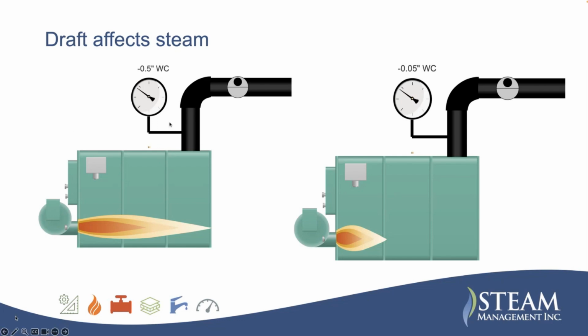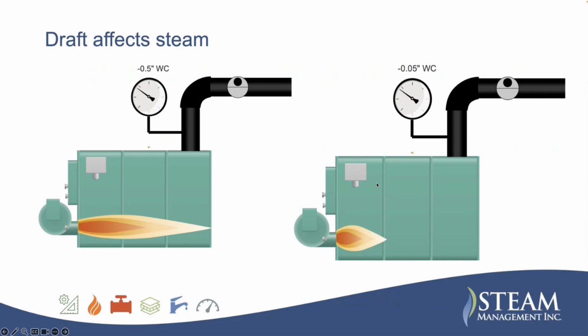So what was happening at 0.5 was it was pulling the flames into the boiler and actually going up into the stack. What we found out was the barometric damper was too small. They had a 20-inch flue pipe on here, and they were running an 8-inch barometric damper. Once they put the 20-inch barometric damper on, the draft dropped, and the boiler level just settled right on.